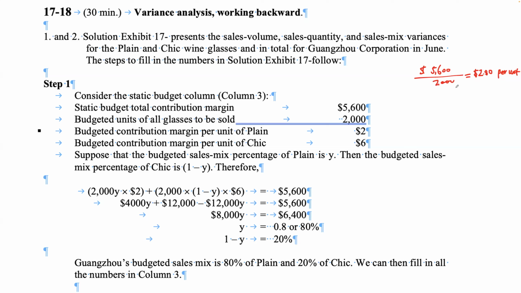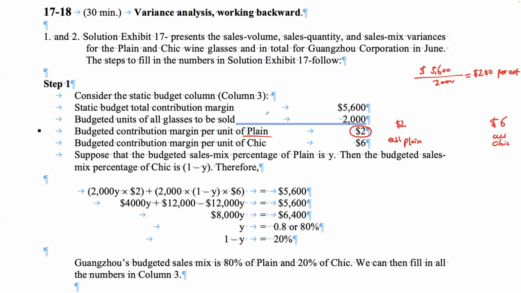Which makes sense, right? Because let's say you sell all the units as plain, that contribution margin per unit is $2. If you sell all chic, if 100% of the sales is chic, it's $6 per unit.